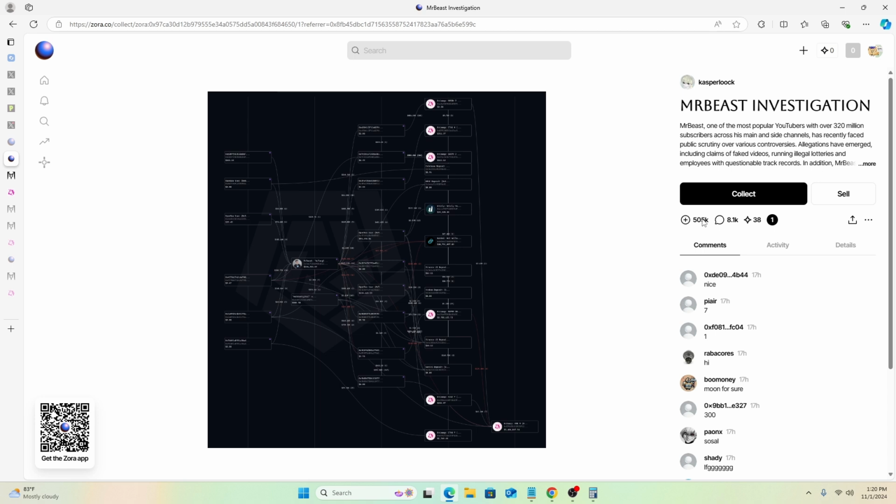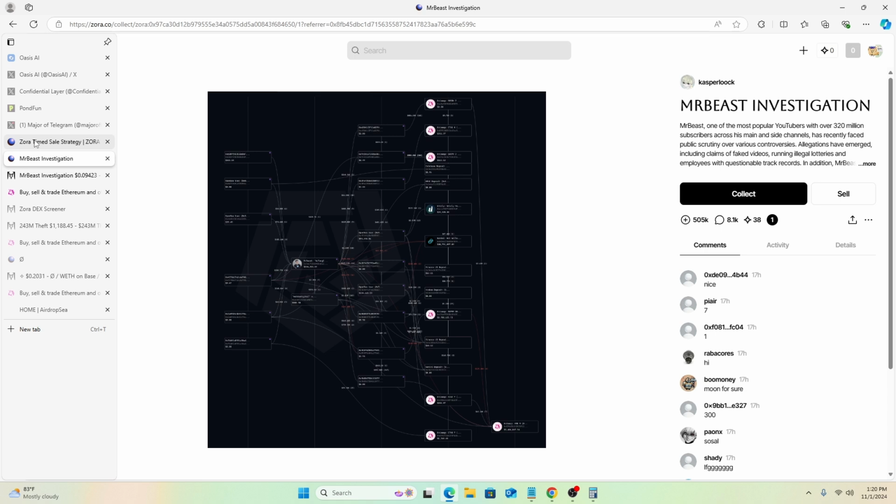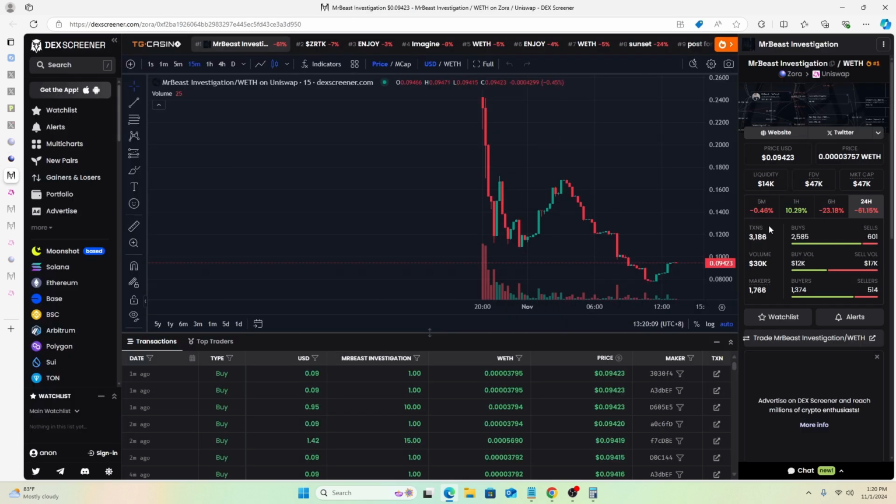In fact, the market cap of Mr. Beast started around 80K or so. If it manages to reach a $1 million market cap, you are in ginormous profit already, especially in my case where I bought $300 worth. But it ended up on the Zora chain, and the Zora chain practically doesn't have external volume.